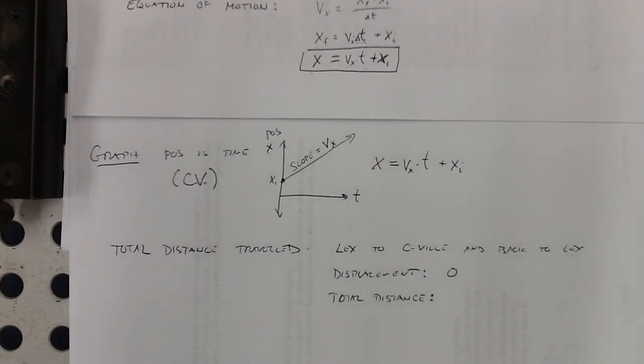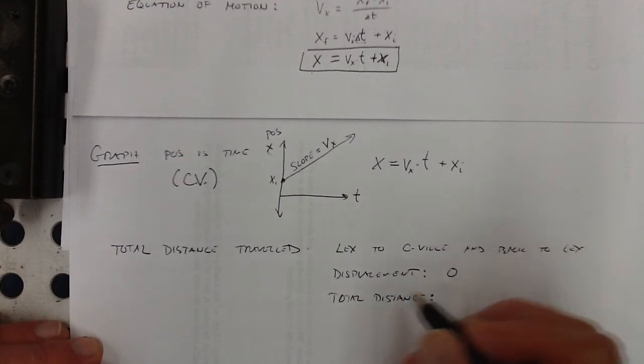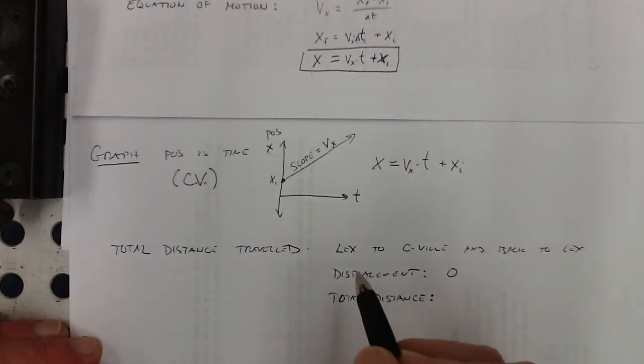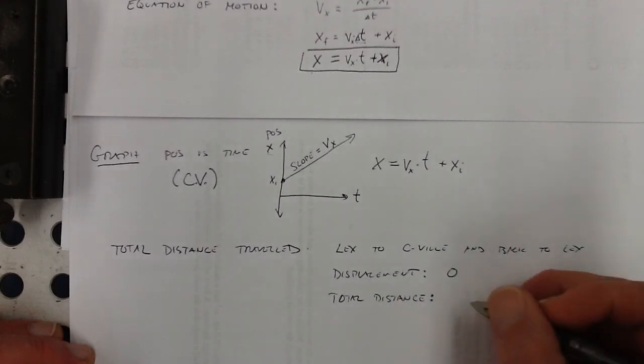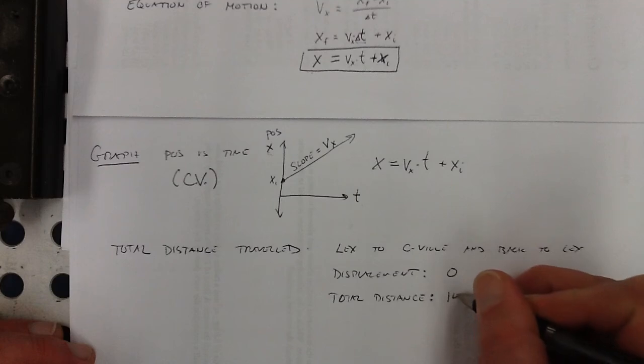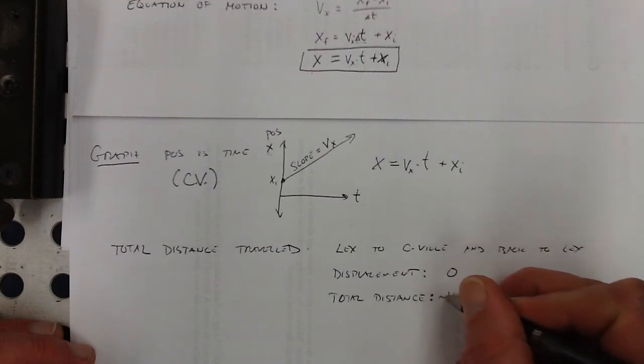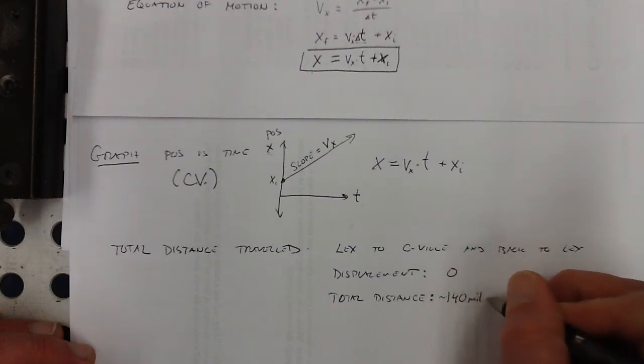That's like a total distance meter. So your car is keeping track of your speed and your total distance, not really caring about what direction you're going in. So what would the total distance traveled be? Well, Lex to Charlottesville's, I don't know, maybe let's say 70 miles or something, and then back to Lex again. So that'd be approximately 140 miles.